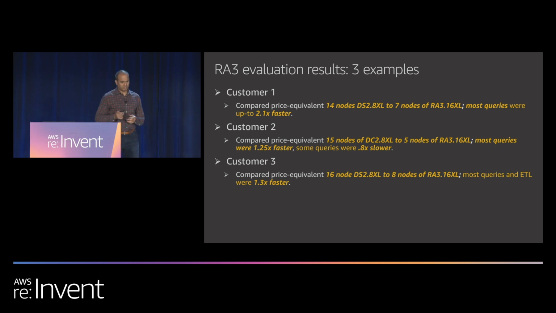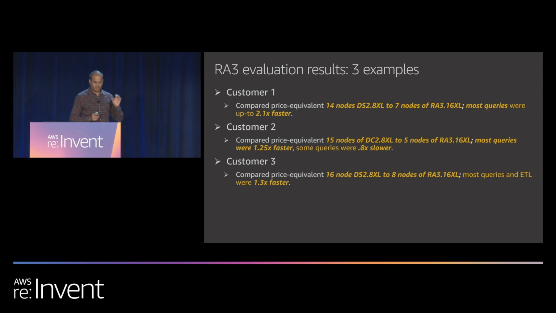You can have a different ratio if you want to trade off price performance. So in that example, compared to 15 nodes of DC2 8XL, the customer had 5 nodes of RA3 16XL. So what did they get in terms of that? They found that most of their queries were 1.25 times faster, but some queries were a little slower as well.